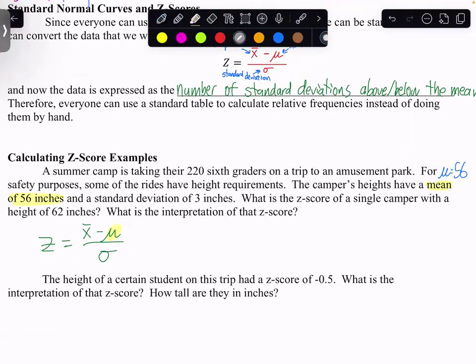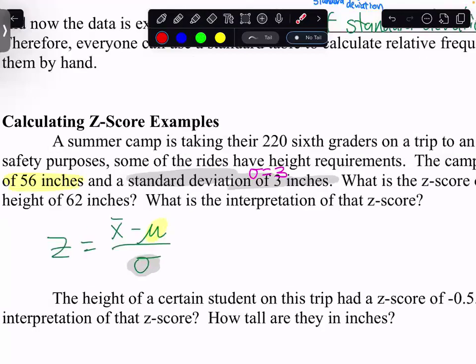Next, the standard deviation is 3 inches. So standard deviation is the denominator. For this problem, sigma will be 3. Okay, and then the one camper that we're calculating right now, they have a height of 62 inches. So that'll be your X bar.